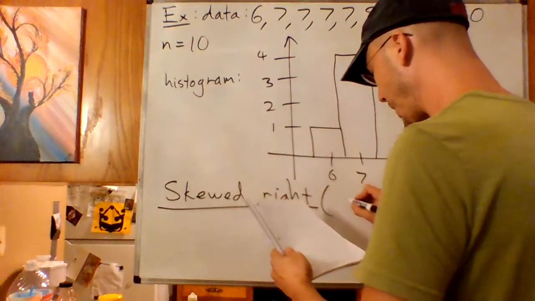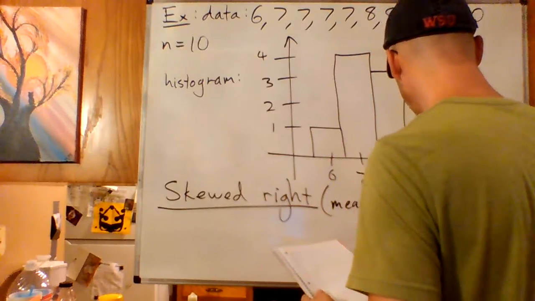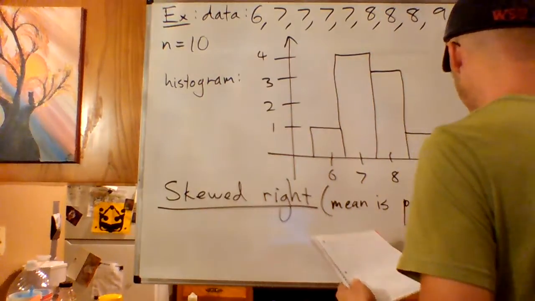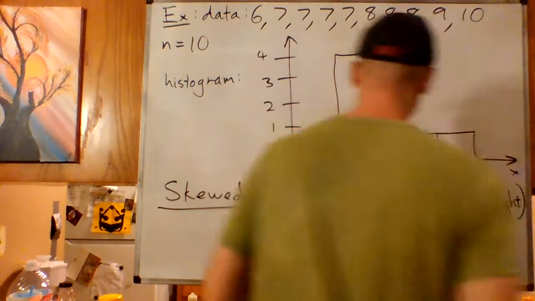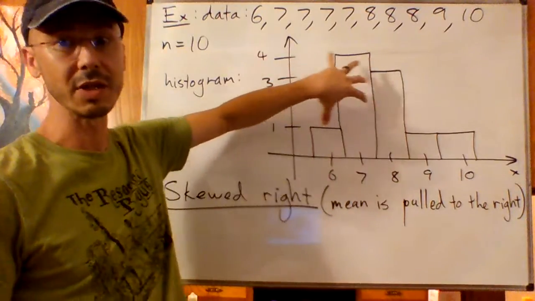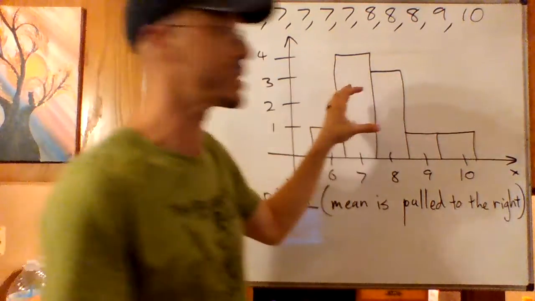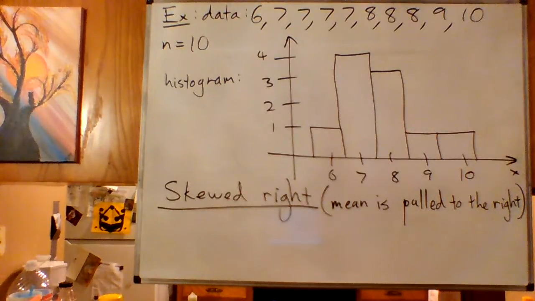Say that mean is pulled to the right. It's not the hill that's pushed to the left. What's happening here is the data is stretched out to the right, and the mean is pulled to the right.